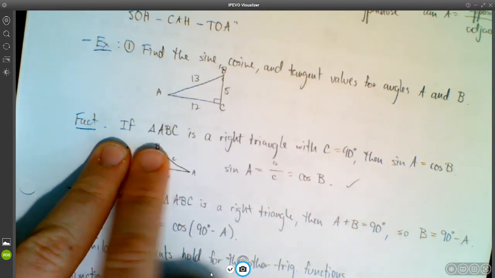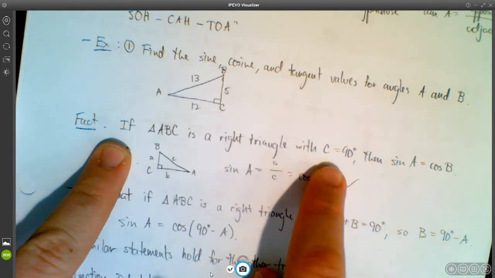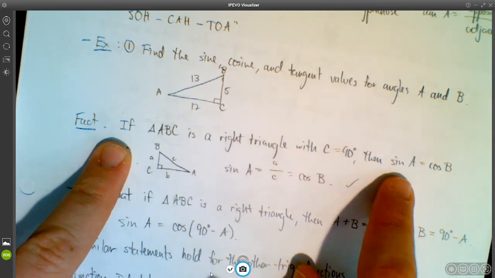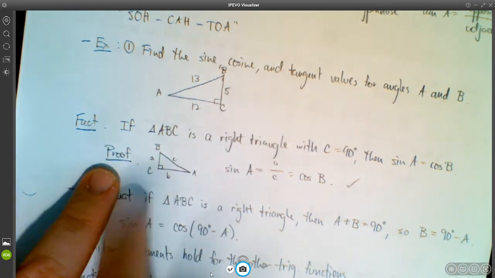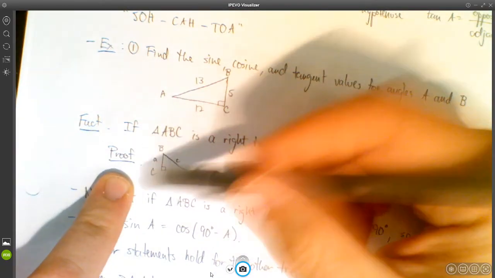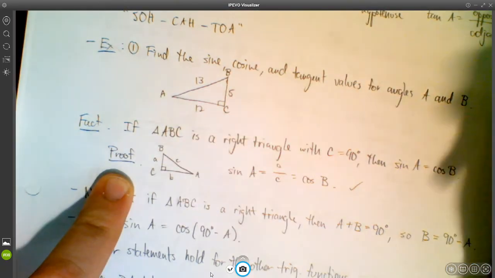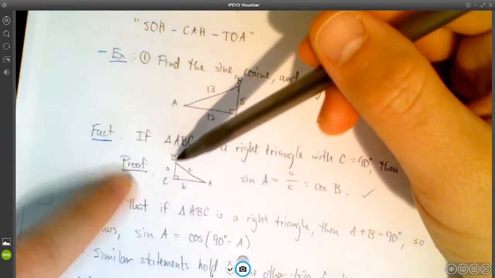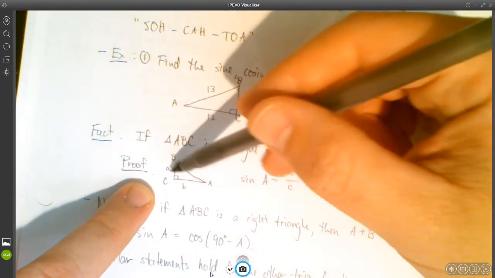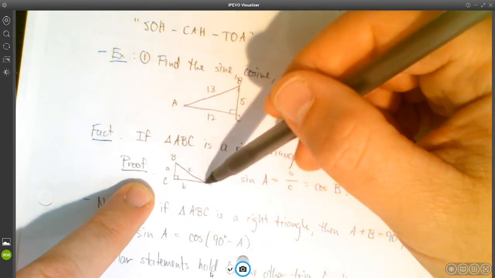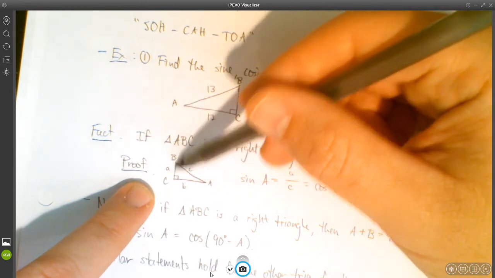So if triangle ABC is a right triangle where C is your 90-degree angle, then sine A equals cosine B. And here's the proof of that. If you've got a right triangle ABC, the way that we label the sides of a triangle is that we label the side opposite of the angle with the same letter in lowercase. So if this is angle A, then this is side a.